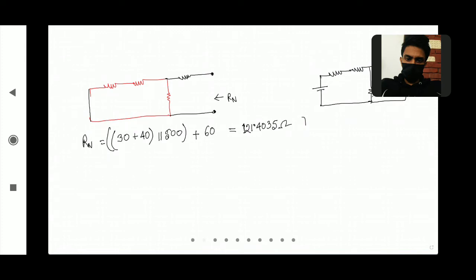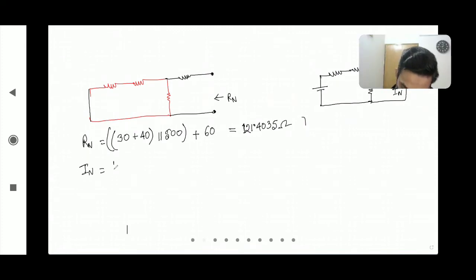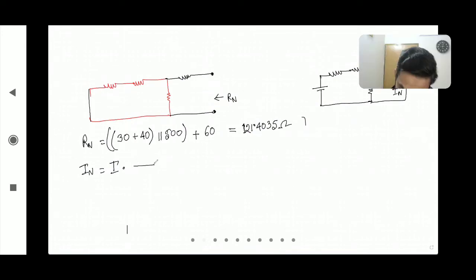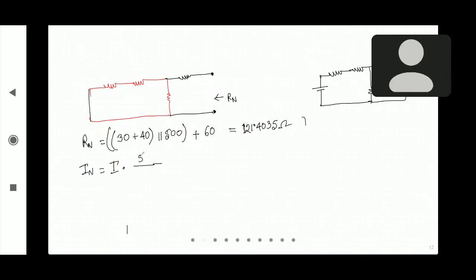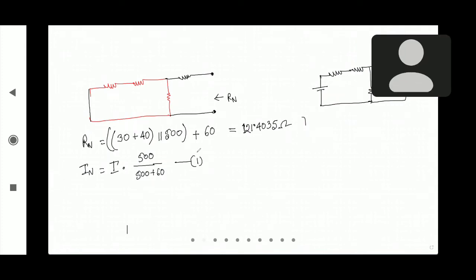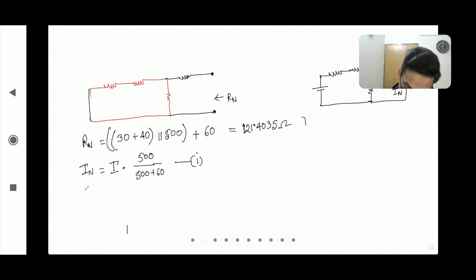So what will be the equation of IN? I into R3 by value: 500 divided by 500 plus 60 ohm. Do you agree, all of you? Yes, sir. Okay, so the value of I is V by RT.